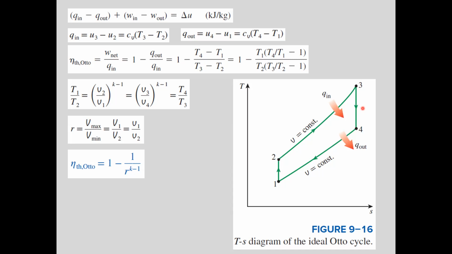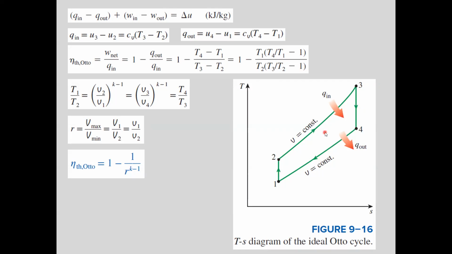Isentropic expansion. And 4 to 1? Constant volume heat rejection.